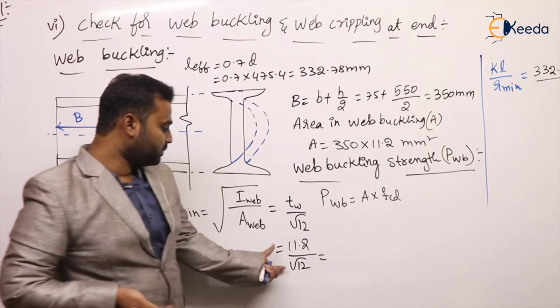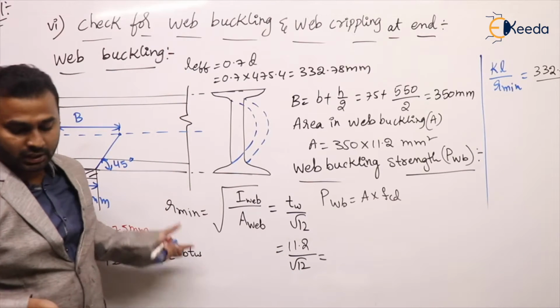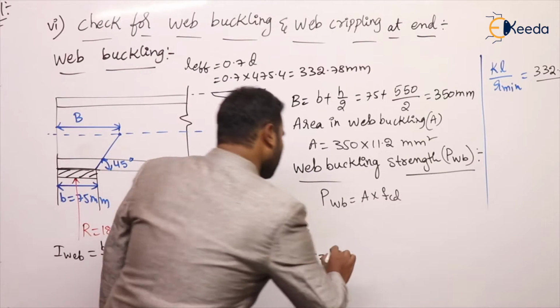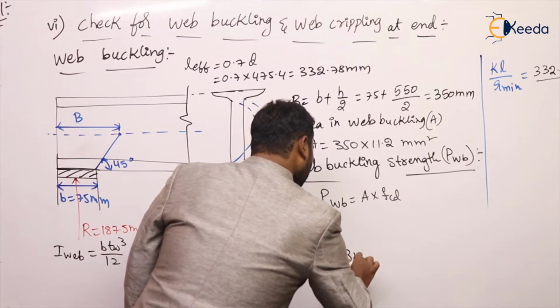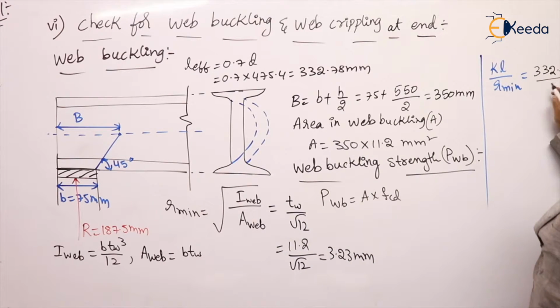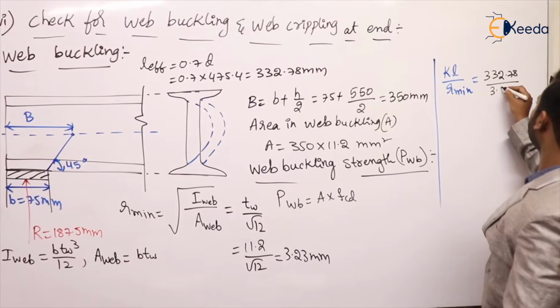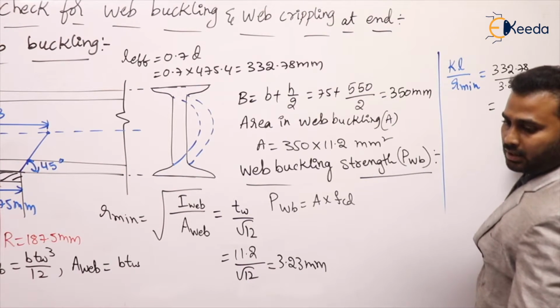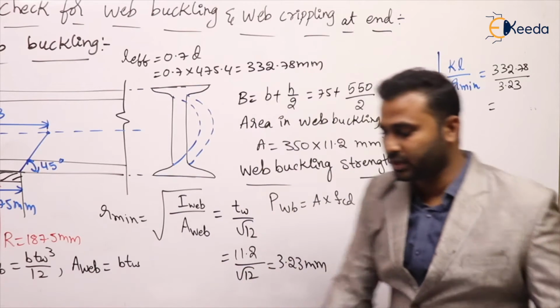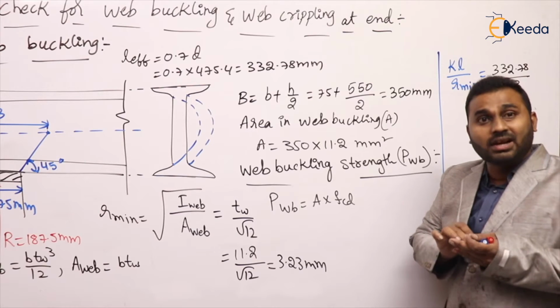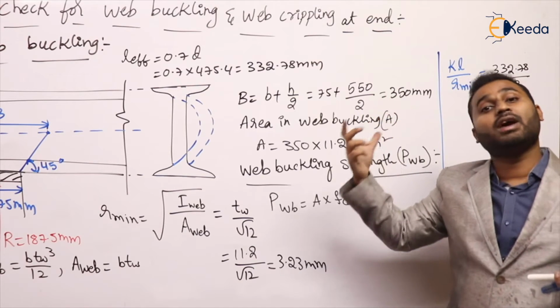By simplifying this, we get the minimum radius of gyration, that value comes out to be 3.23 mm. Now substitute 332.78 by 3.23. We get slenderness ratio value as approximately 103.